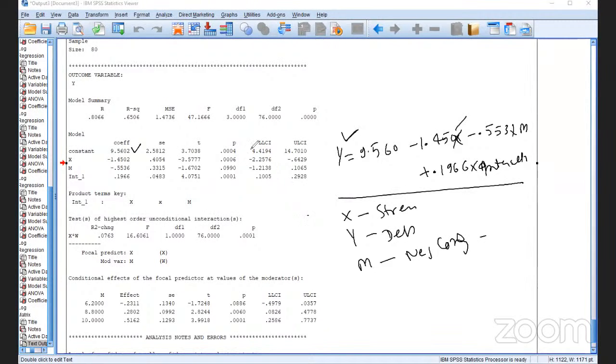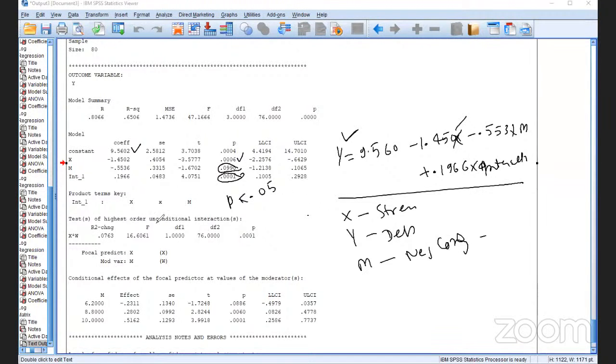Here we can see the x is significant. This one is not significant, but the interaction term is significant because its p value is less than 0.05. Earlier we said the p value should be less than 0.05 for checking significant impact.